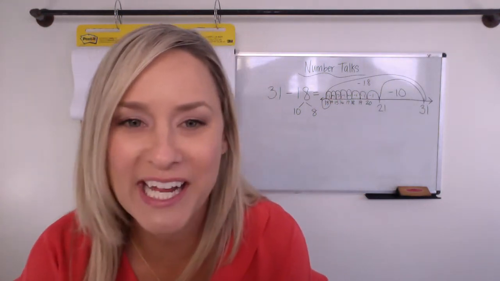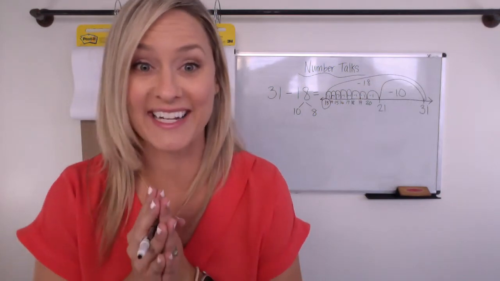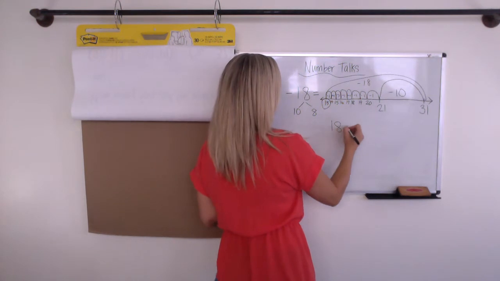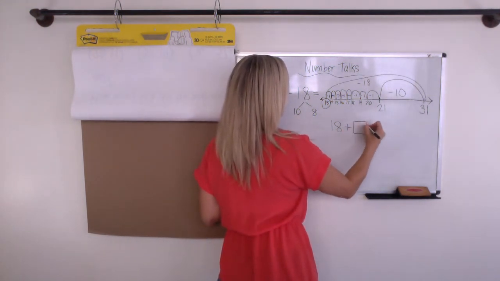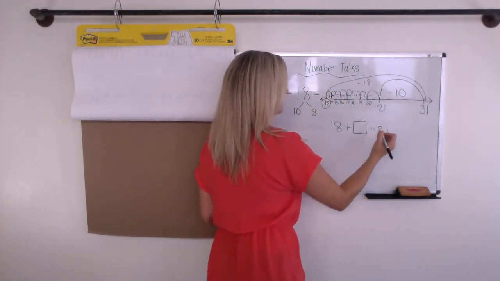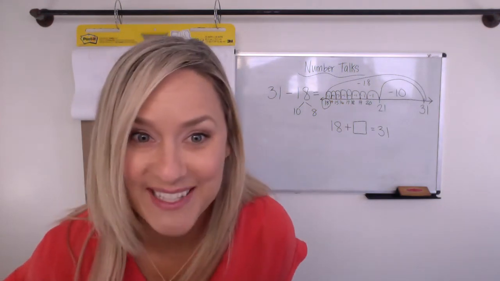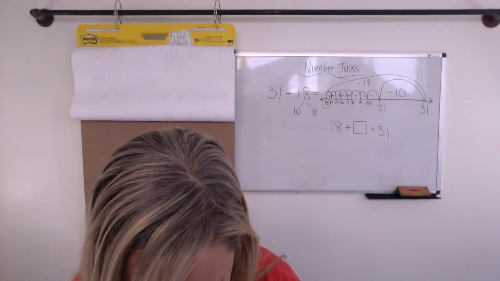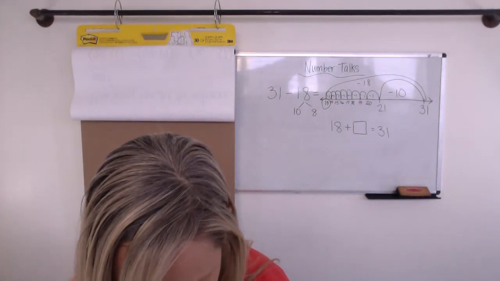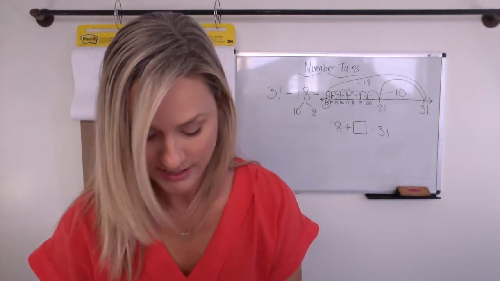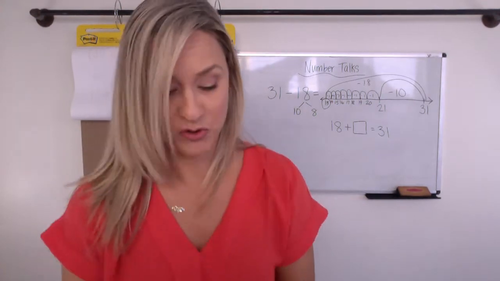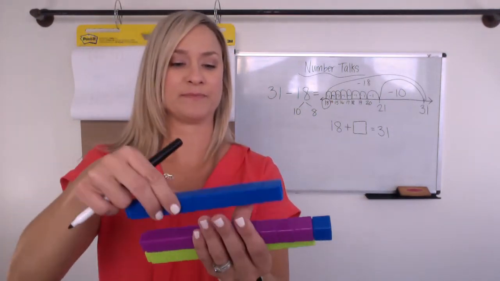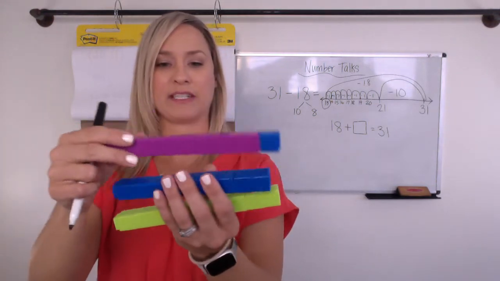Okay, more guesses. I'm going to guess some of you actually added up. So maybe you started at 18, and you tried to figure out what you could add to it to make 31. Did anybody do that? Ooh, I bet so. Okay, so let's see. I think I actually have 31 right here, but the question is, will I drop things? Okay, so here's 31. I randomly just had exactly 31 sitting there.